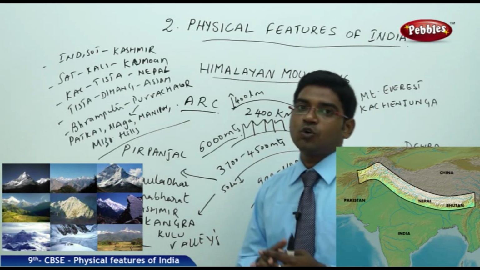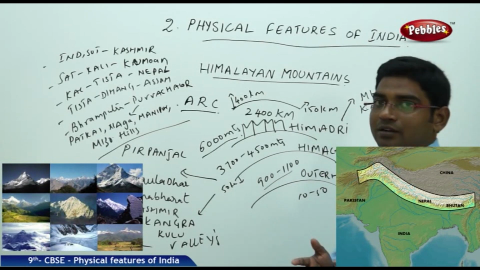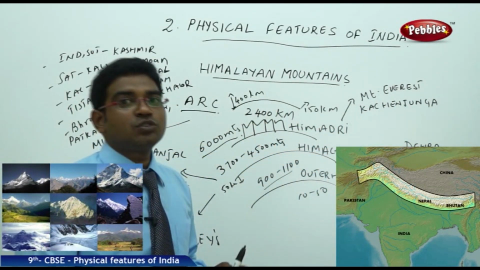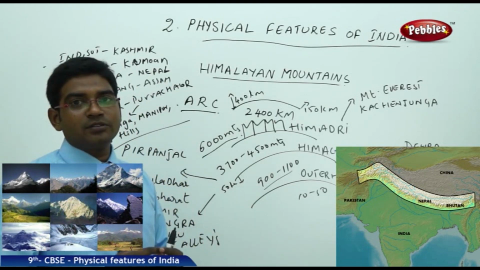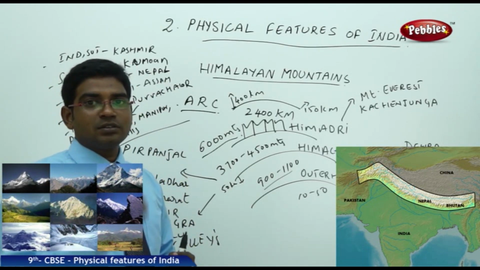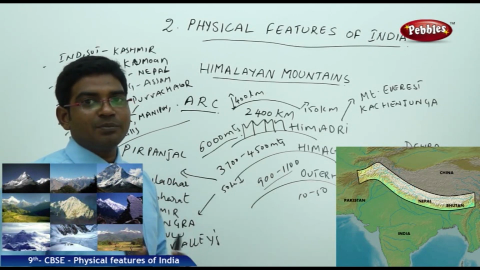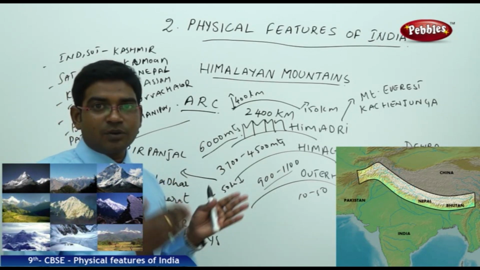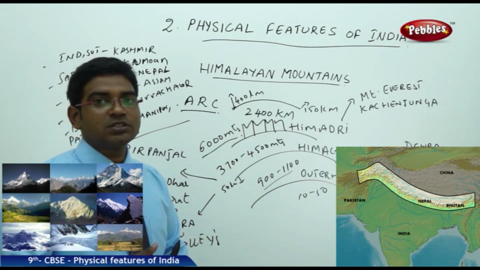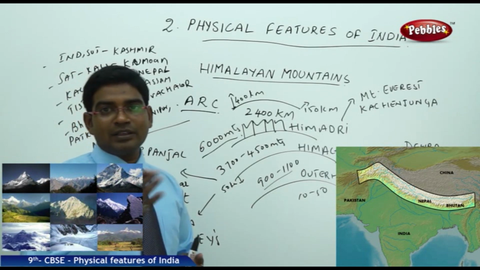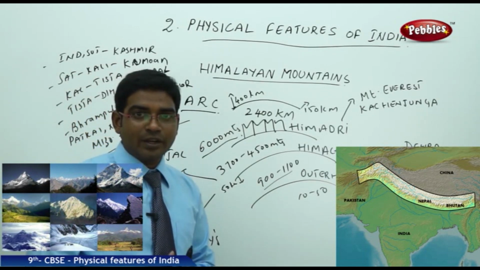So on a brief note, the Himalayas are stretched in the form of an arc. It covers a distance of 2400 kilometers. Its width varies from west to east from 400 to 150 kilometers respectively, that is from Kashmir to the Arunachal Pradesh region. It covers an area of India estimated at 5 lakh square kilometers.